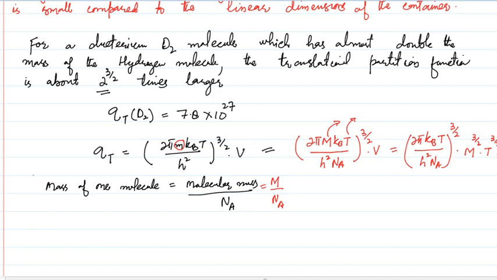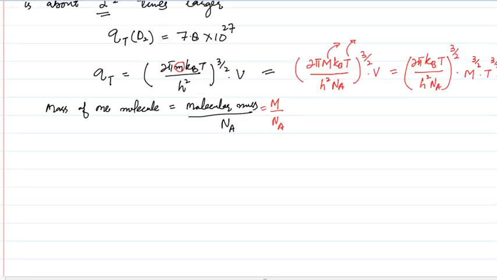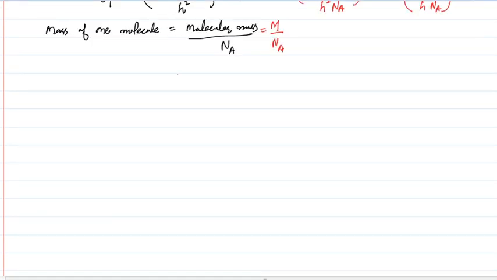Now if you are asked to find the translational partition function with respect to another, that means we can then simply use the relation. Suppose this is translational partition function of one molecule, this is our translational partition function of the second, and we can simply introduce these items.